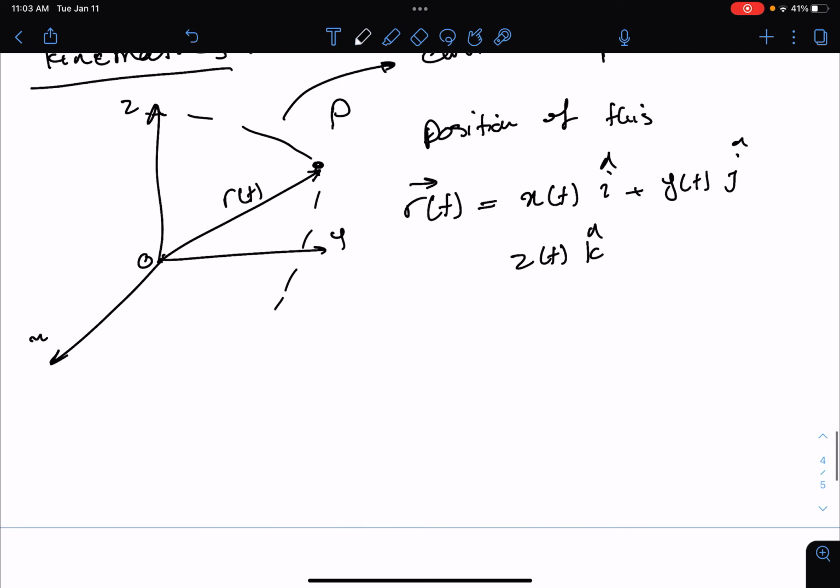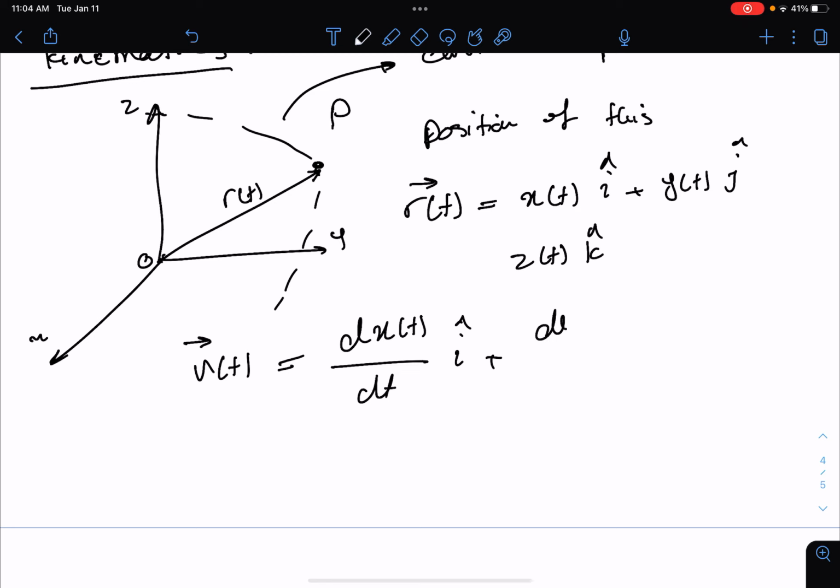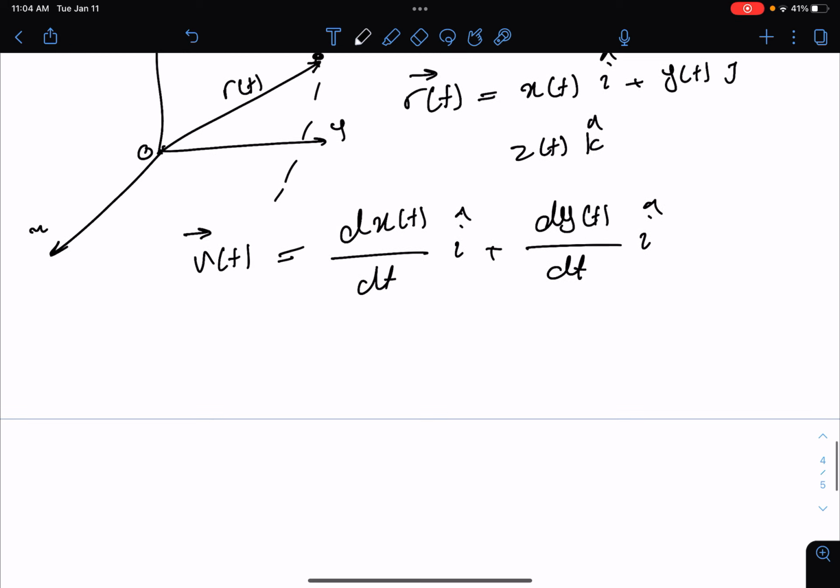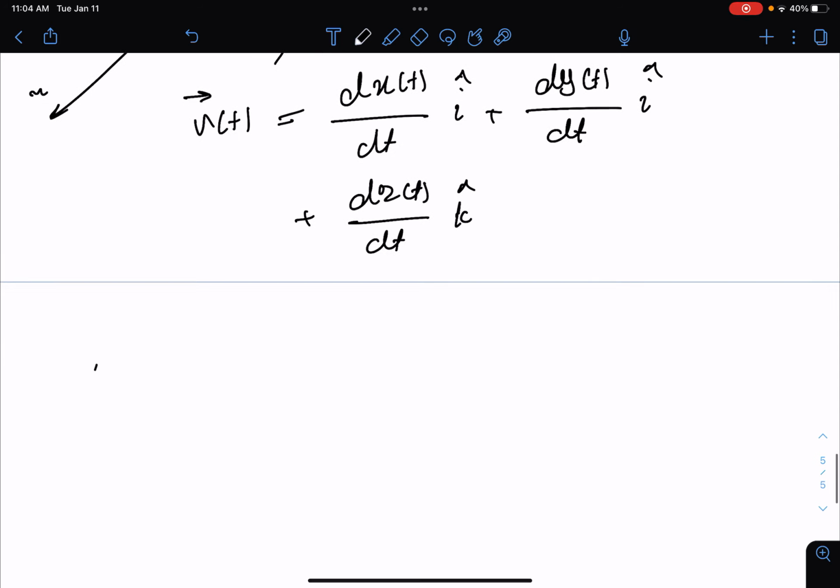How do we define the velocity for this specific particle? dr/dt, which essentially is going to be dx(t)/dt, dy(t)/dt, and dz(t)/dt.